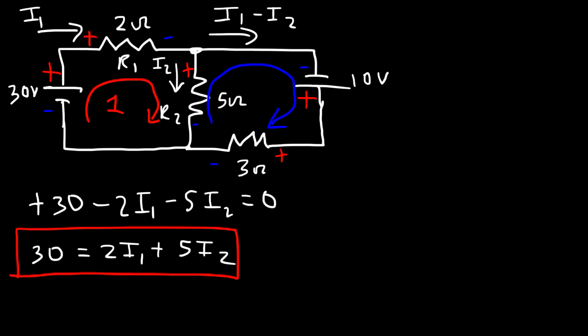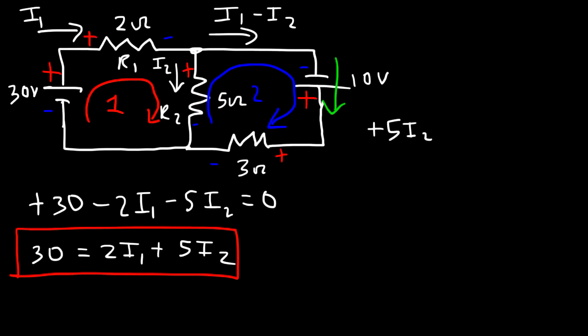Now let's focus on loop 2. So here we're going against I2 towards a higher potential. So that's going to be a voltage lift of 5 times I2, so we can write that as positive 5I2. Next, as we follow the loop, we need to go through this battery towards the higher potential.